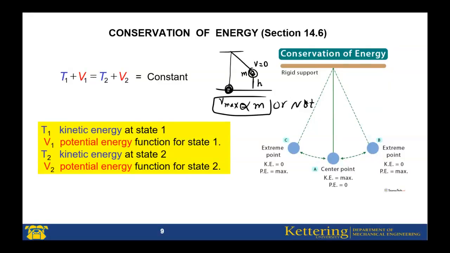If I calculate and find this velocity, do you think this velocity depends on the mass or not? For example, if I release one pendulum with mass m and a second pendulum with a mass of 2m, their maximum velocity will be the same, less, greater? What do you think?